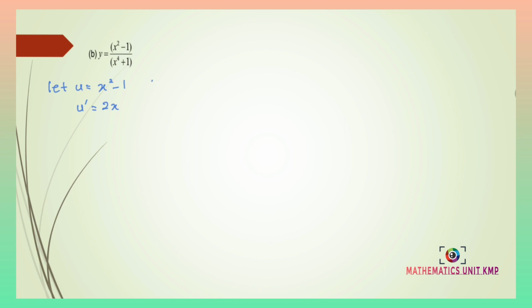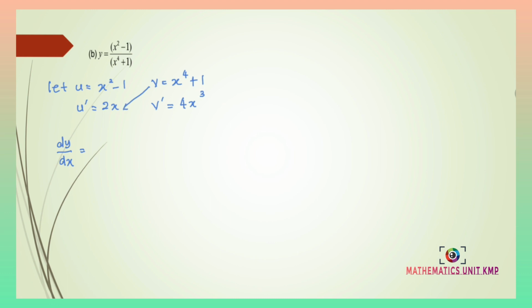Then we let v equal x power 4 plus 1. Then we differentiate v, we get 4x cubed.